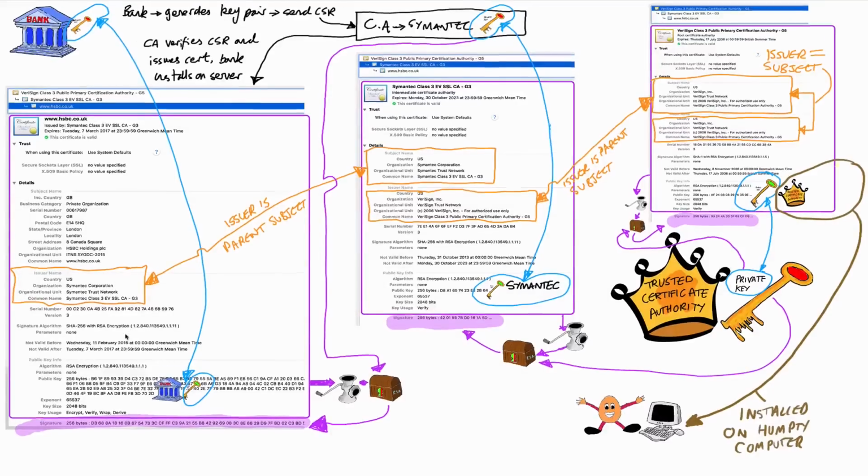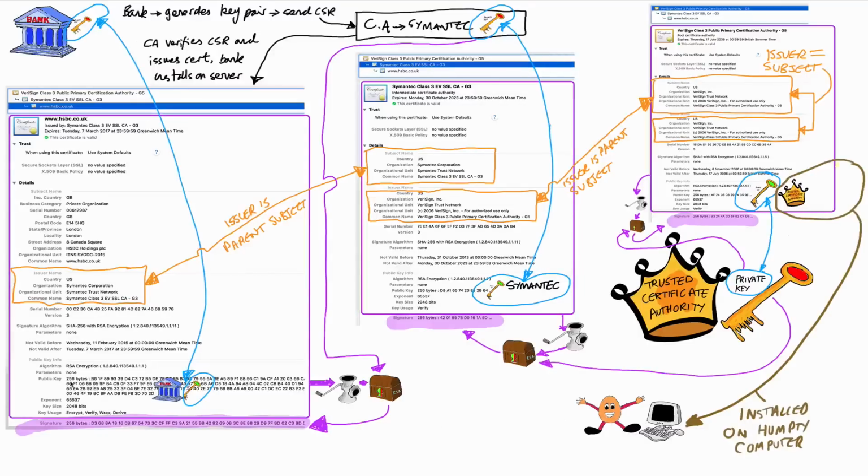What else have we got? Down here in the certificate, the CSR that HSBC sent to Symantec obviously contained HSBC's public key. So Symantec will include that public key in the certificate, because at the end of the day, this SSL certificate is really only there as a placeholder and a way to present the public key from HSBC to Humpty Dumpty's client in a way that Humpty can trust, that it doesn't belong to a man in the middle.